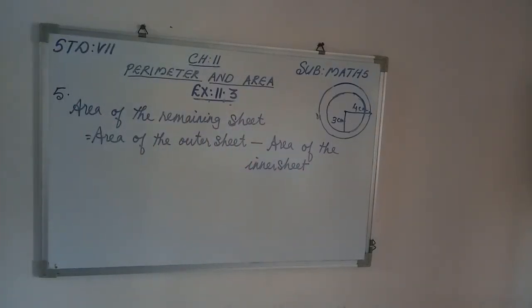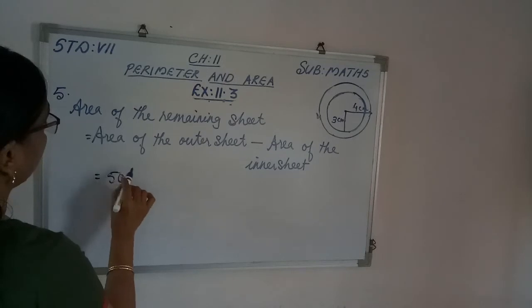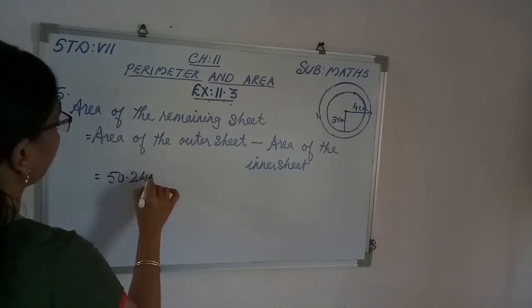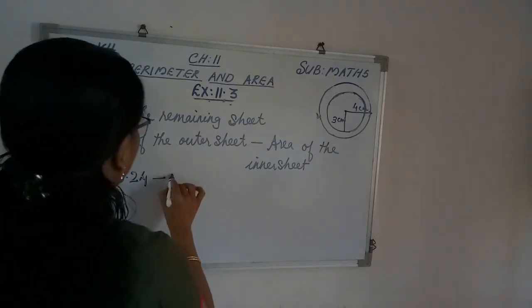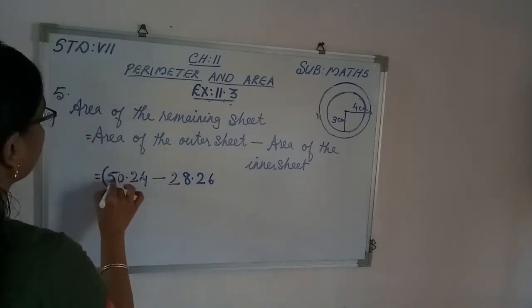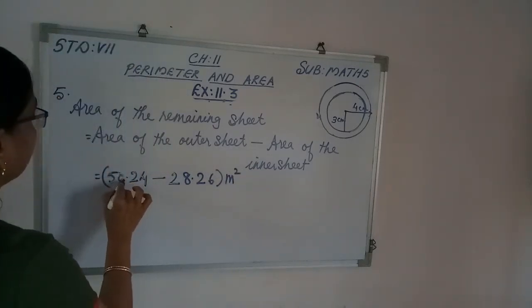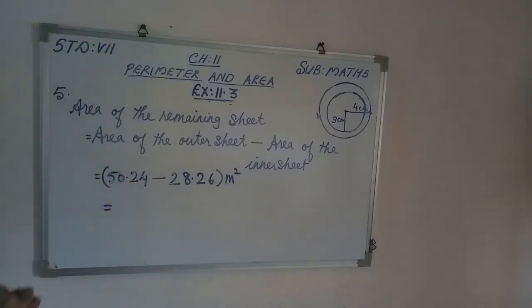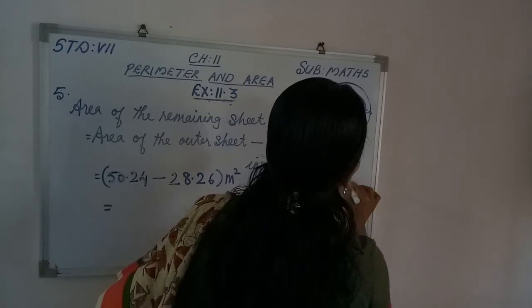Okay. So what was the area of the outer sheet? 50.24, minus area of the inner sheet, 28.26 centimeter square. That's equal to, subtract and find out the value, 50.24 and 28.26.